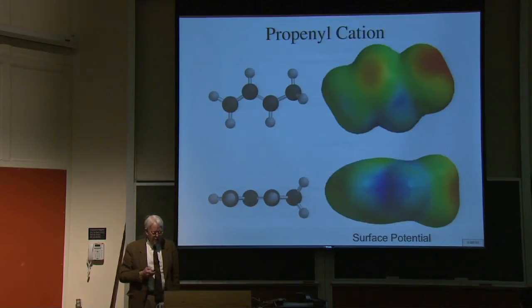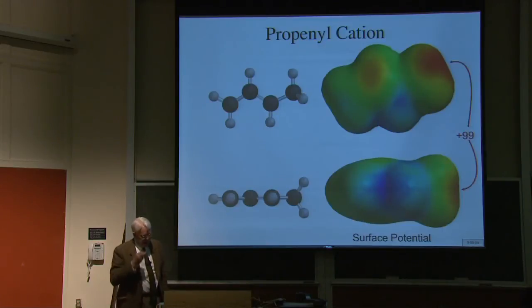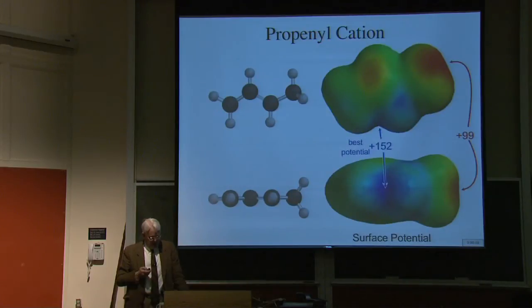And if you look at the surface potential, the worst place for a proton is where it's very blue here. So that would be the best place for bromide to come, but it's in the plane of the ring. It's not a place you can form a bond.